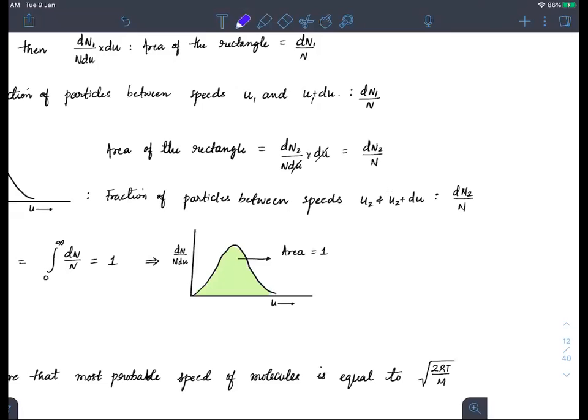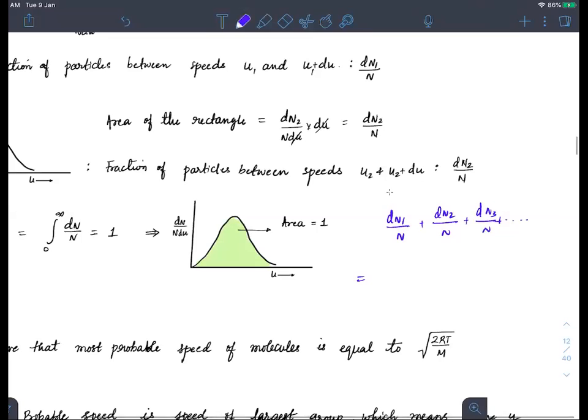The area under this curve will be dn1 by n, this fraction, plus further fractions. If I add all these fractions, what should I get? If you combine all the fractions, it should come out as n by n. So it should be 1. That's why when you check the area under the curve, it should come as 1.